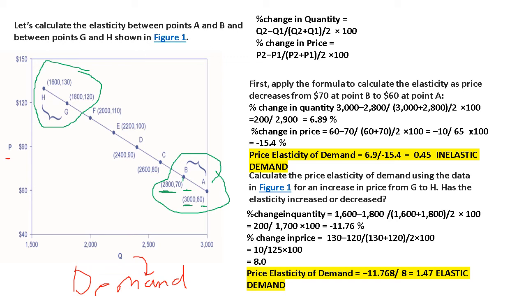That's why the law of demand says that when the price is lower, quantity demanded increases, and when the price is higher, quantity demanded decreases. That is the principle of the law of demand.